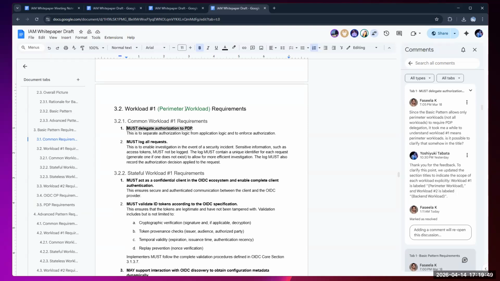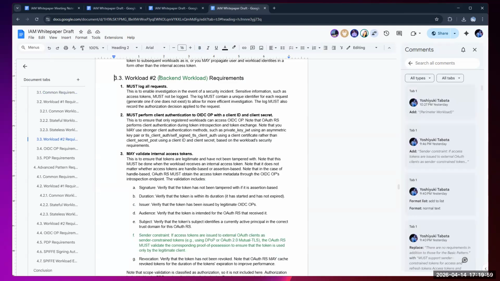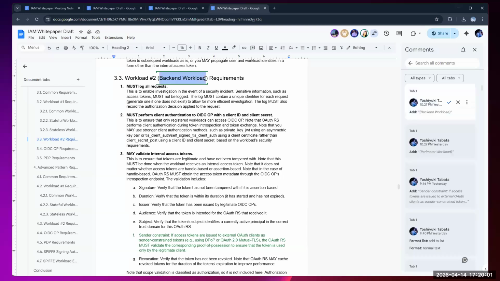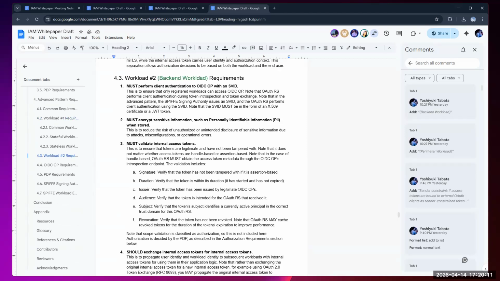So I added workload 1, perimeter workload, and also workload 2, backend workload, the same as the advanced pattern.